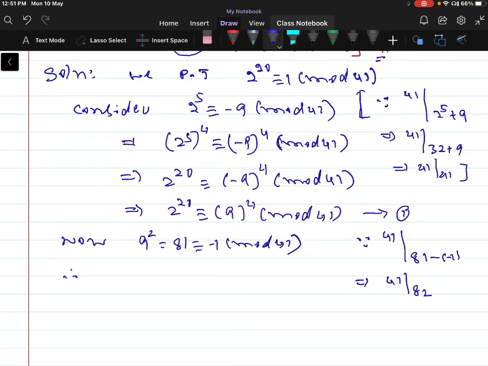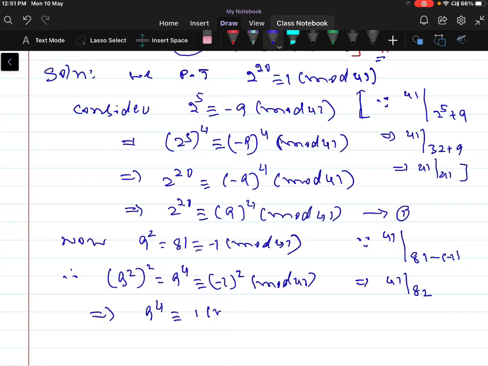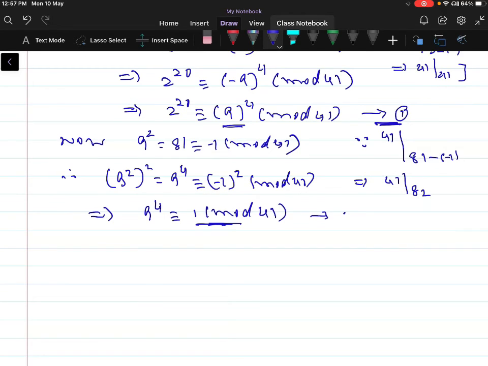So therefore (9 square) whole square, which is 9 to the power of 4, is congruent to (minus 1) whole square modulo 41. So this implies 9 to the power of 4 is congruent to 1 modulo 41. Let us call this equation 2. So you can observe that when the integer 9 to the power of 4 is divided by 41, we have the remainder 1.